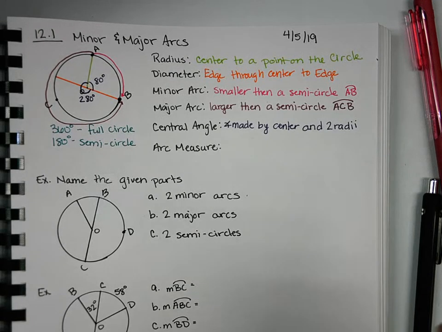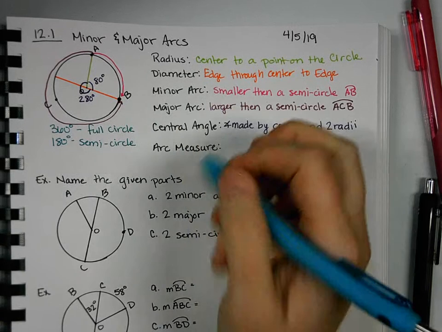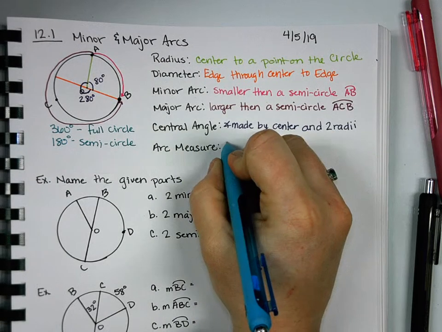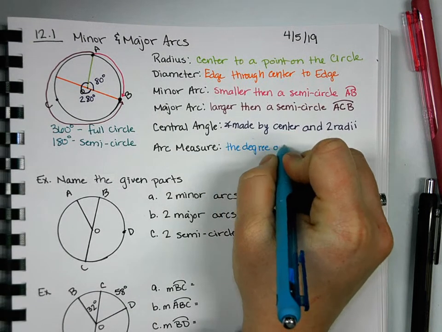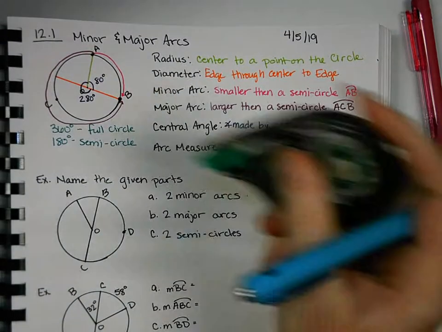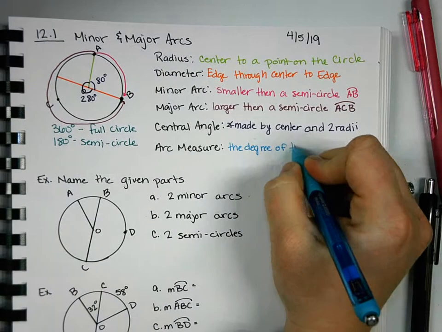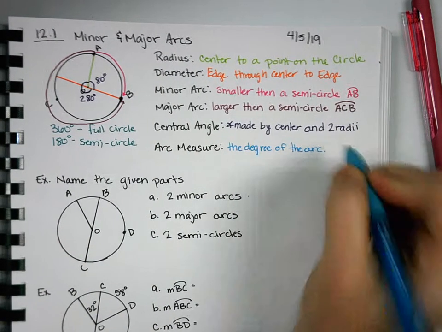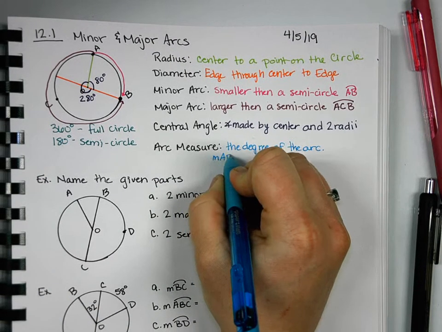And then our last vocab term for today is arc measure. Arc measure is the degree of the arc. How you write it is you write a little m before you write your arc.